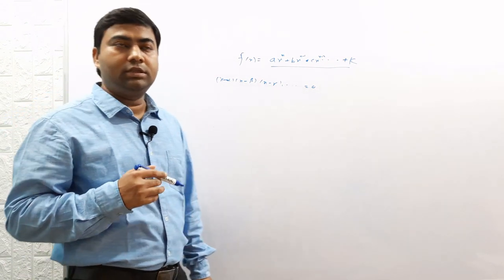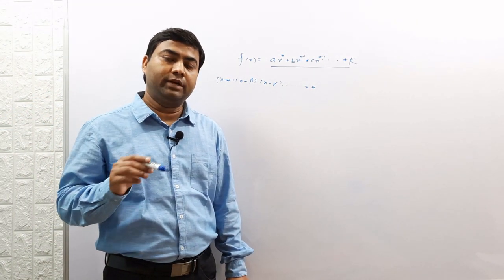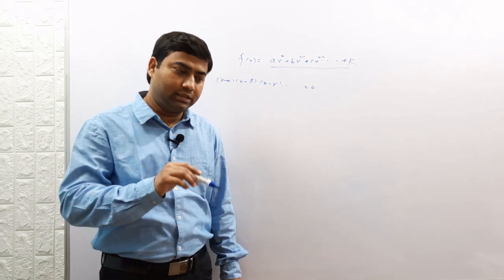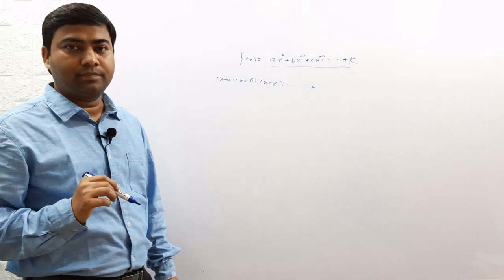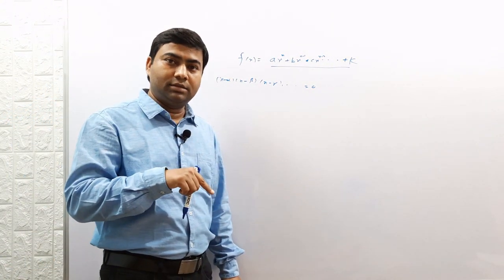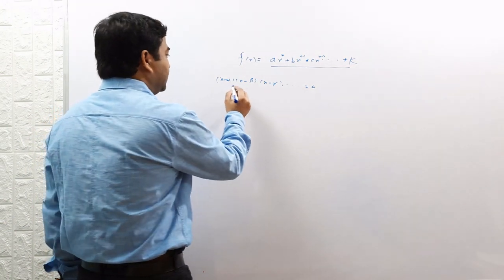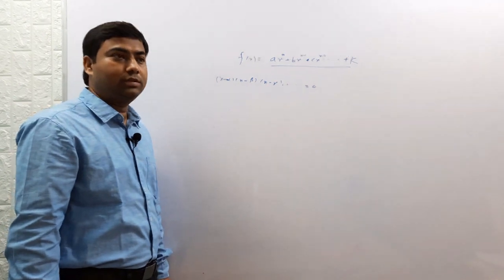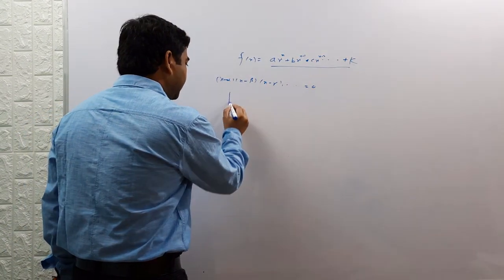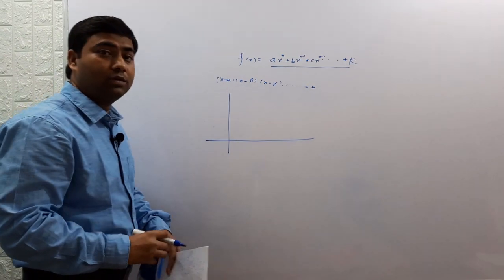What are these roots? These roots are points on the x-axis where this function touches or crosses the x-axis. It may touch or it may cross. So we will see when it will touch and when it will cross.